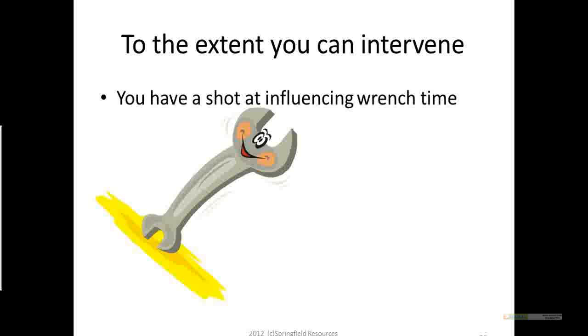What he did was he removed the rock that wasn't that. So if you remove the time that's not wrench time, the indirect time, you have a shot at increasing the wrench time and making things run more efficiently.